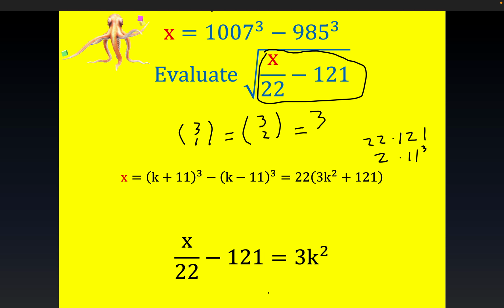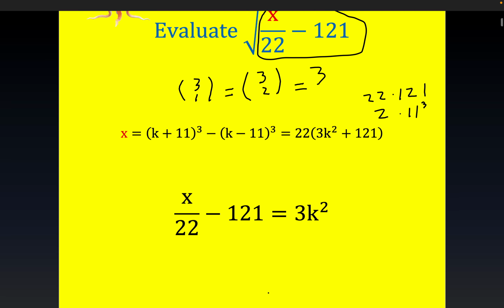If you take the square root of both sides, you end up getting the square root of x over 22 minus 121 equals 2k square root of 3.